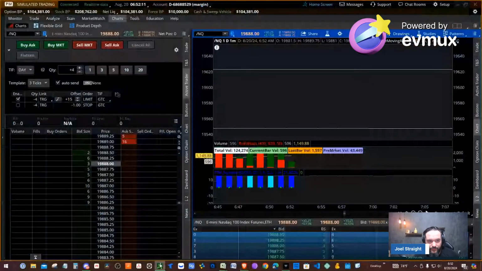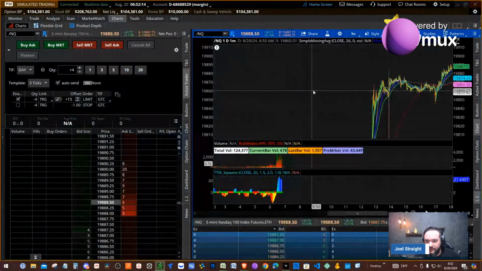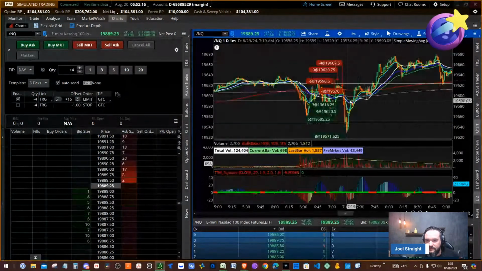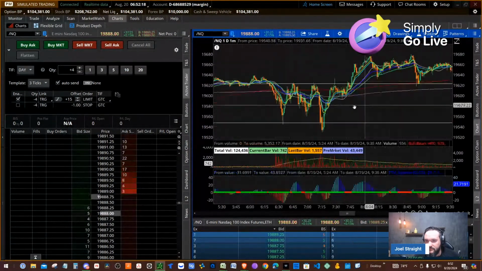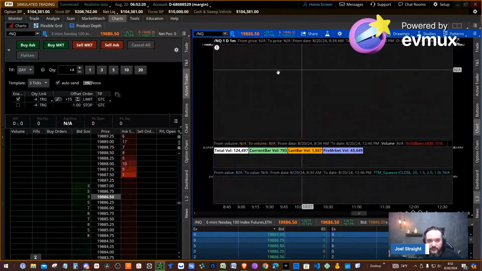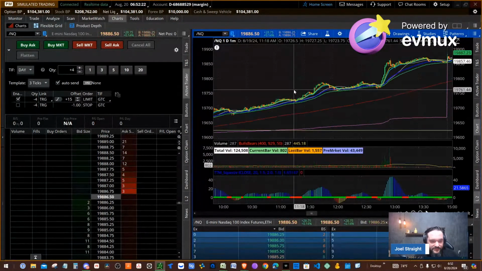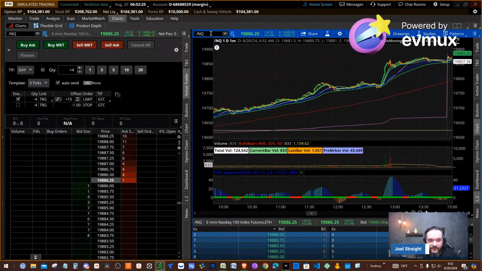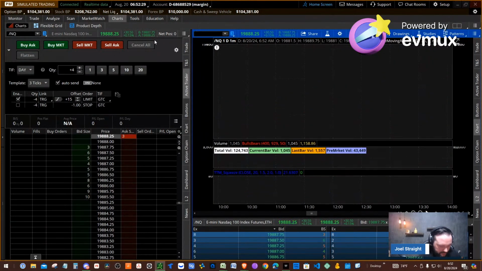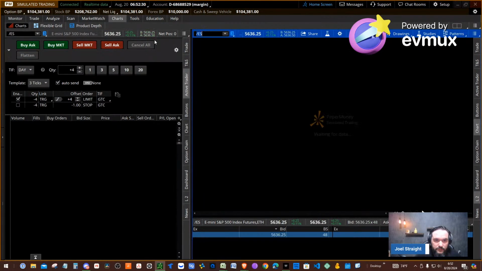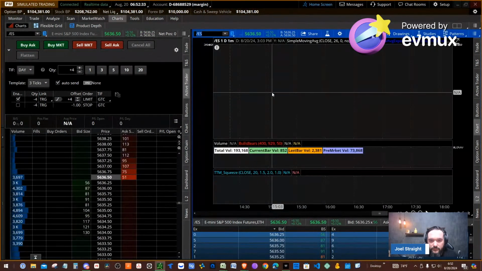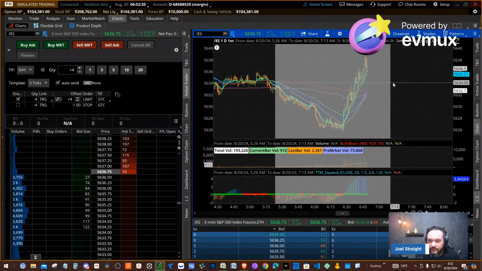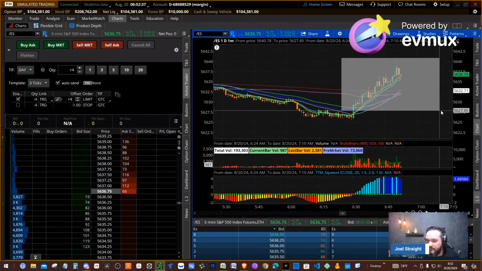Speaking of which, I'm going to jump over to our paper trading chart here, which is freaking out. Look at that. What the hell? Yeah, I'm going to have to close this. Here, actually, let's try going to a different chart. Maybe it'll fix it. That was really weird.